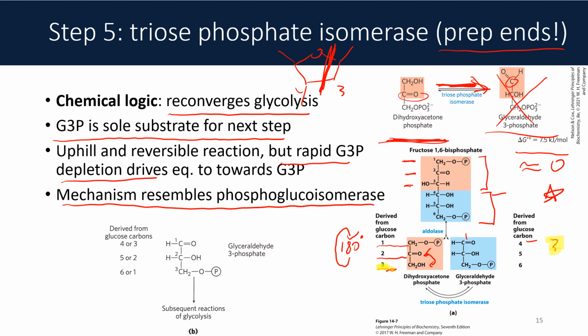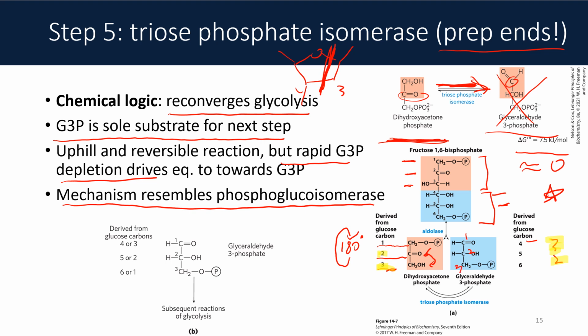And we're going to work backwards. Carbon 2 on G3P came from carbon 5 on glucose, and it also comes from carbon 2 on DHAP after triose phosphate isomerase again does its thing, leaving us with the 3 carbon of G3P, the one that's phosphorylated.